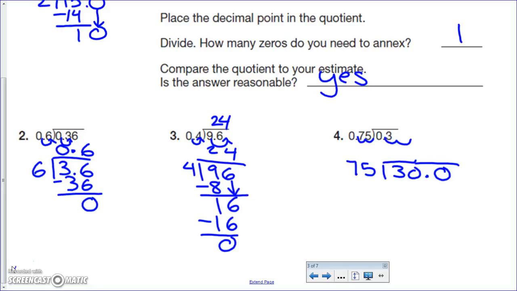Well, we know 75 times 2 is 150, so let's try 75 times 4 to see if that works to get us close to 300. And it gets us 300 exactly. So we're going to put the 4 above the second 0 and subtract 300.